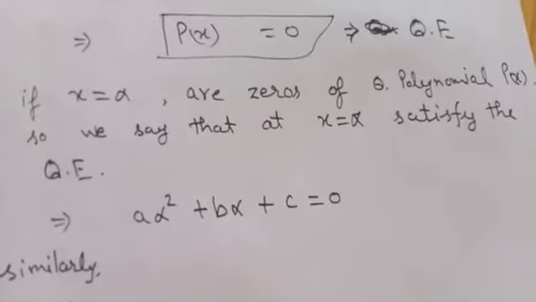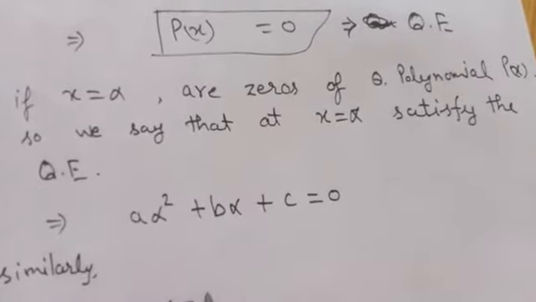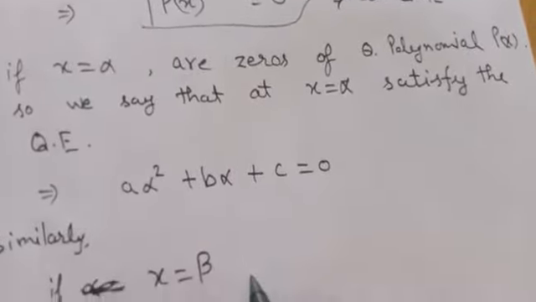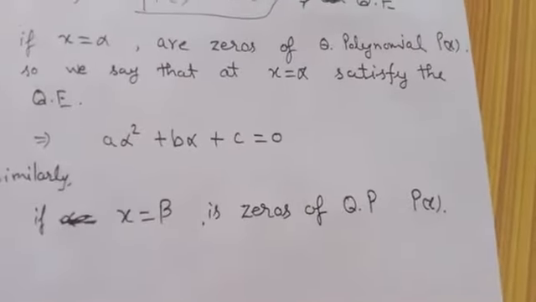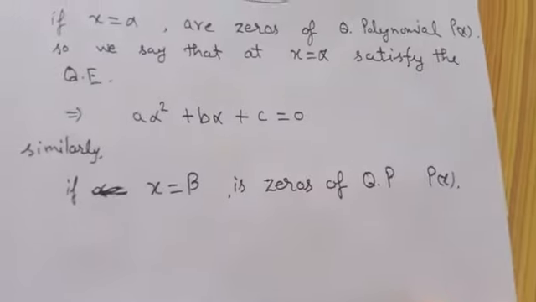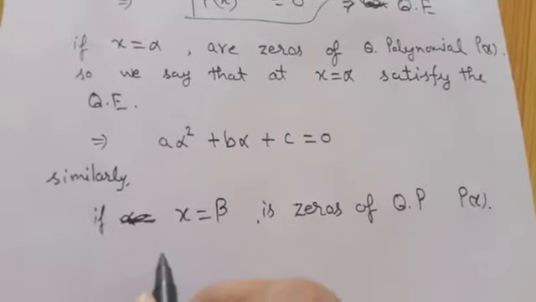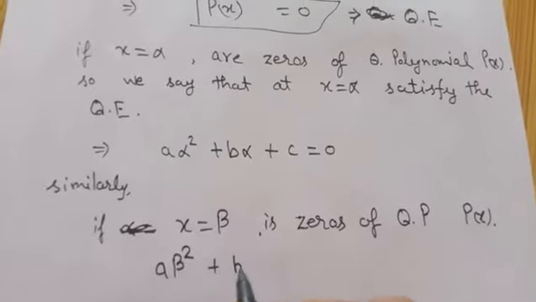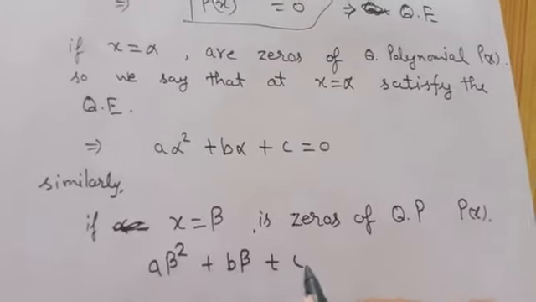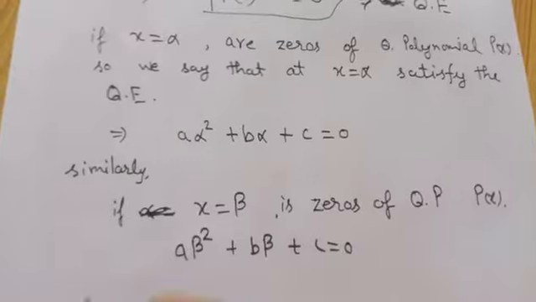if x is equal to beta is a zero of the quadratic polynomial p(x), we can also write a beta square plus b beta plus c is equal to 0.